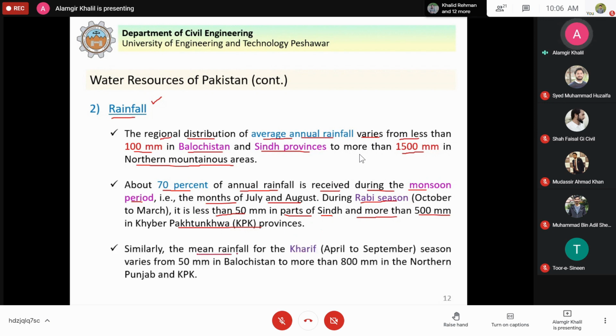Similarly, the mean rainfall for Kharif season, which is from April to September, Kharif means the summer, clear. Rabi means the winter season. It varies from 50 millimeter in Balochistan to more than 800 millimeter in northern Punjab and KPK.